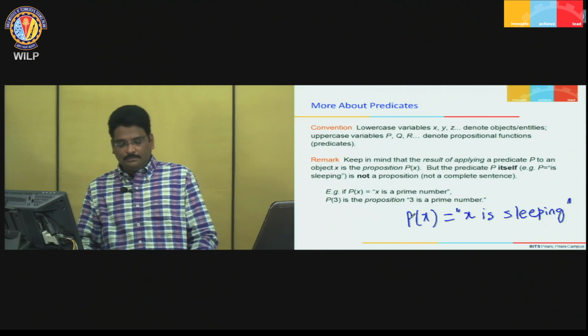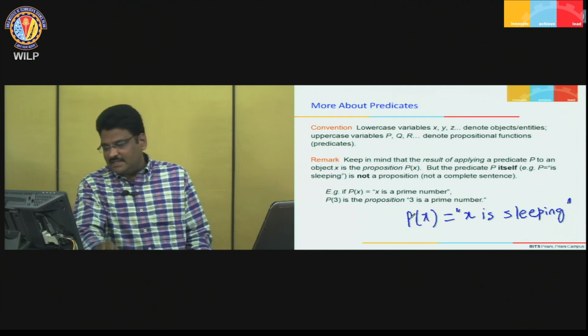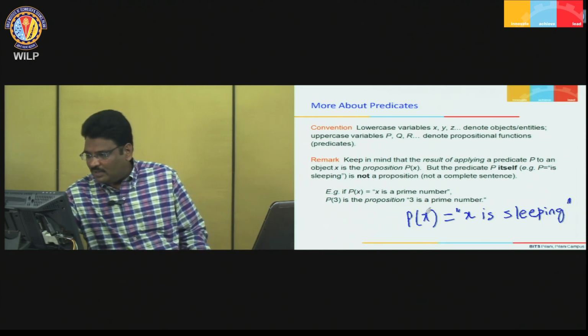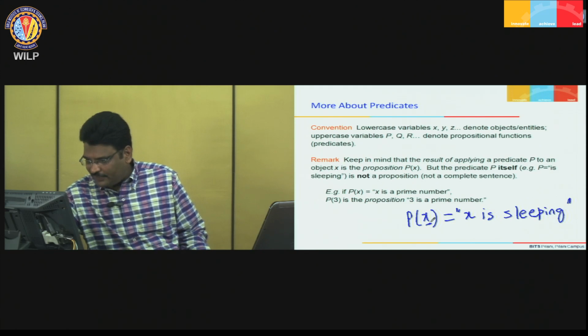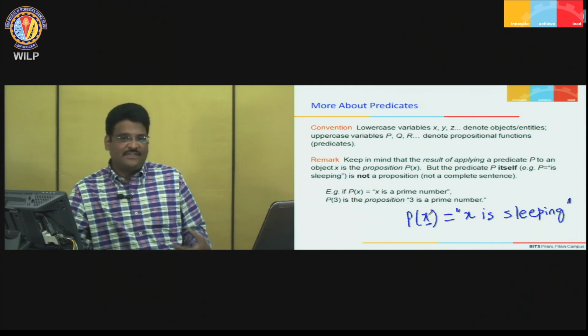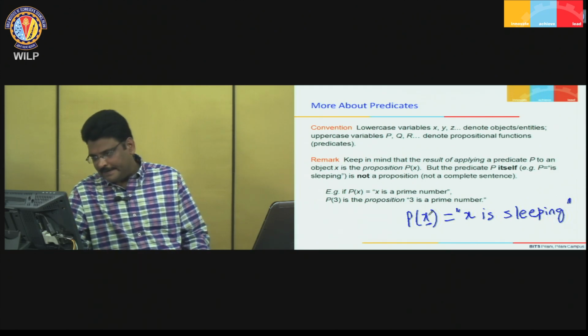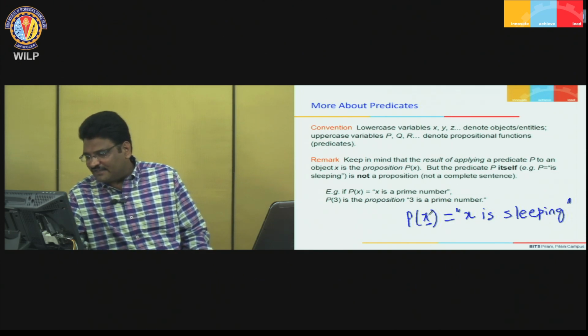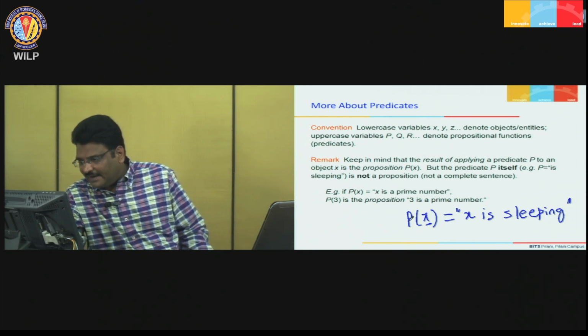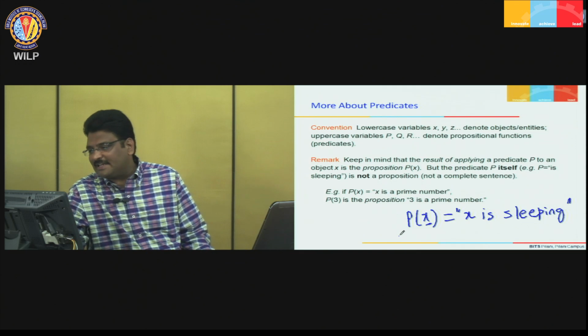Generally, we define variables. Here, what is a variable? x is the variable. All these variables are denoted by small letters, most of the time x, y, z. And actual predicates are denoted by capital letters like P, Q, R.